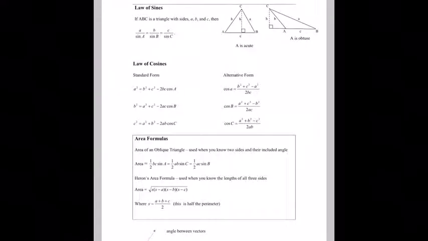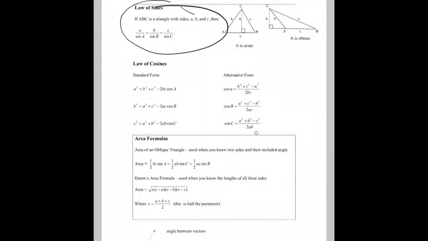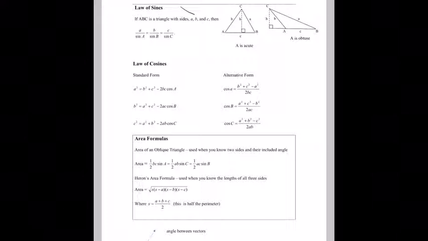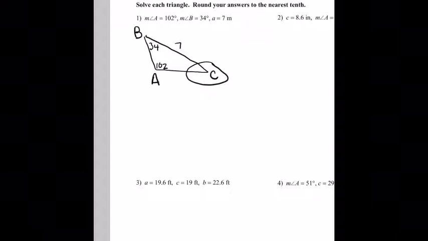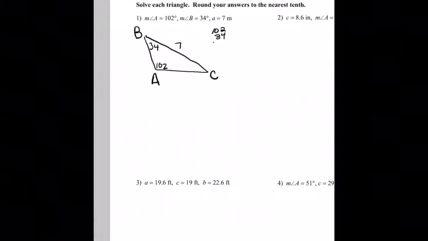Luckily you'll have this formula sheet on the exam as well, and law of sines is given right there. Let's do the low-hanging fruit here. This missing angle will be the easiest one to find first, since we already have 2 of the angles. So if we add, we get 136.